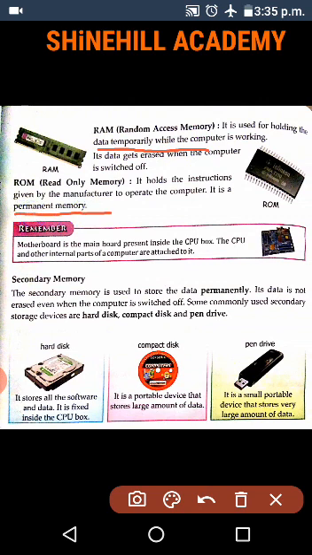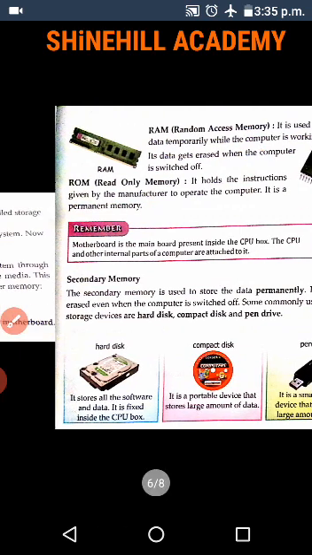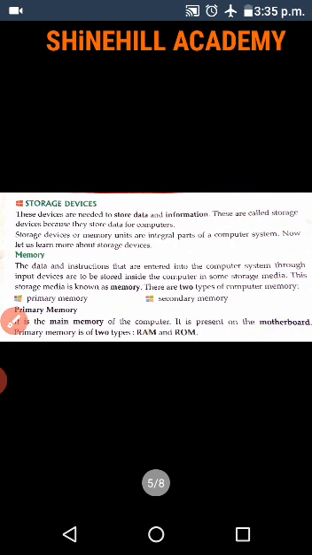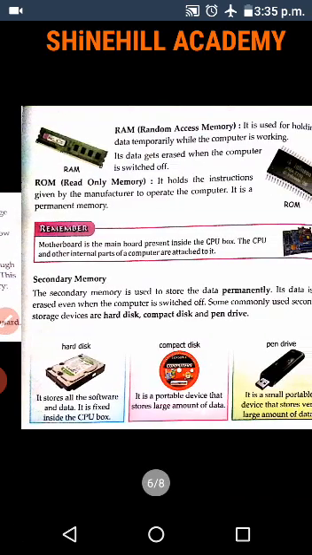Okay. Next memory, secondary memory. The secondary memory is used to store data permanently. Its data is not erased even when the computer is switched off. Some commonly used secondary devices are the hard disk, compact disk and pen drive. So storage device is divided into two parts. First one primary memory and secondary memory.